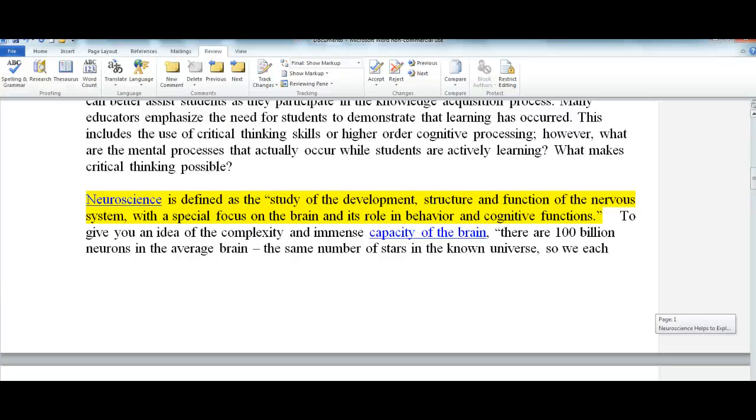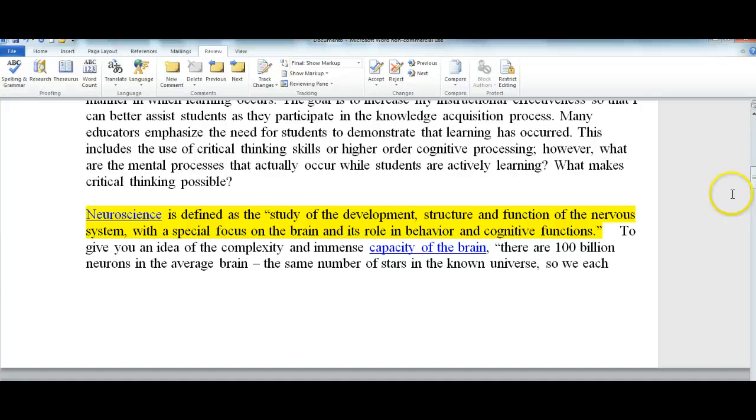This is important, because if you just copy things, this isn't demonstrating knowledge. You need to be able to put it in your own words. Sometimes I have to read something two or three times before I can really get my head around how I would say that. The study, development, structure, and function of the nervous system, with special focus on the brain and its role in behavior and cognitive function.